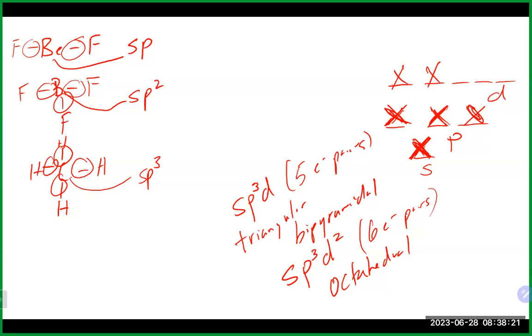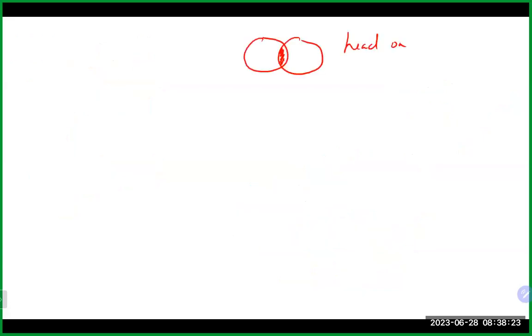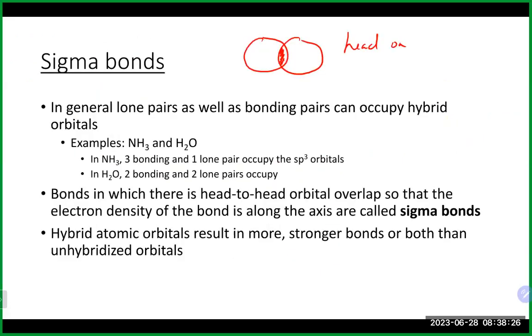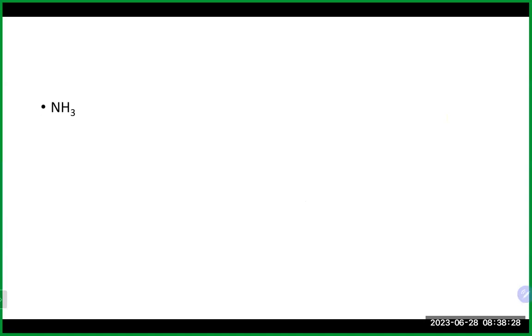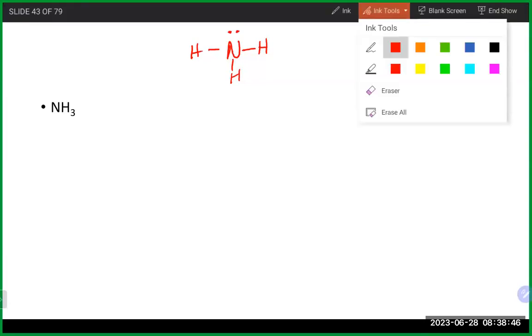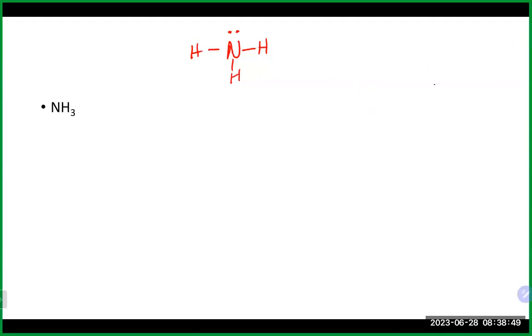So let us take a look at some of these where we do have some non-bonding electrons involved. If we look at something like NH3 and draw the Lewis structure, we could apply the hybridization just by counting it off.